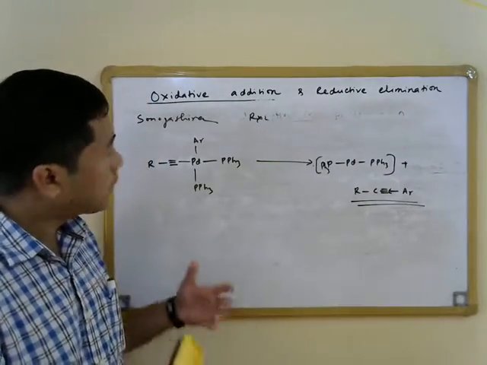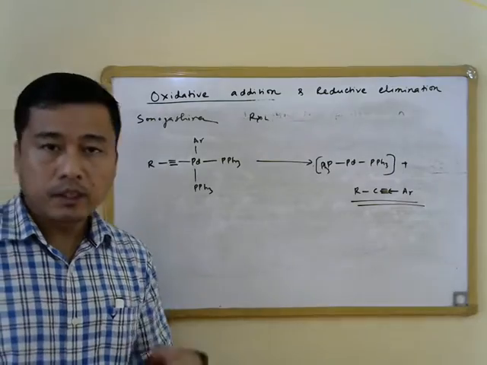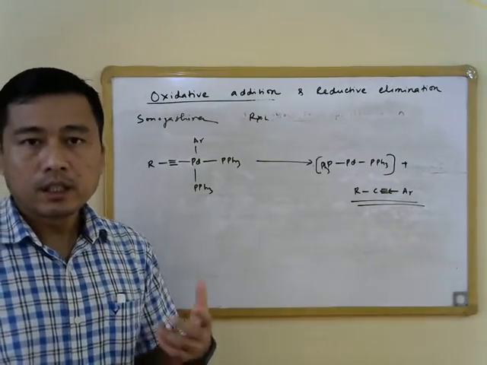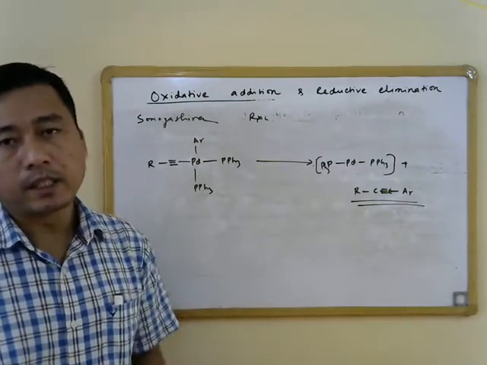So what we see is that the reductive elimination reaction is a very important step, and this generally takes place at the end of the catalytic cycle.